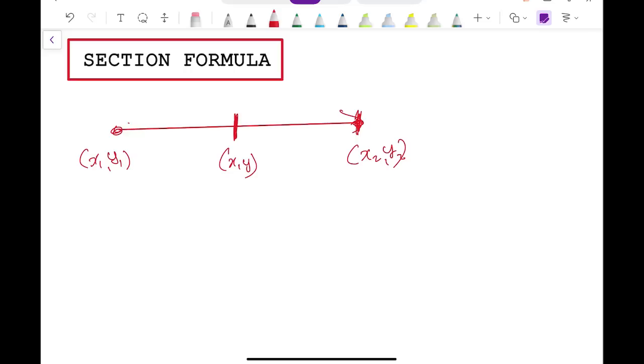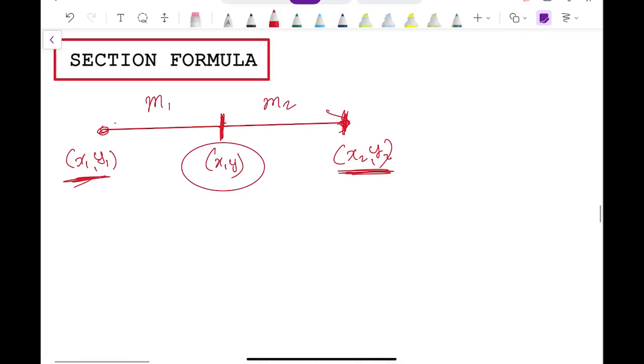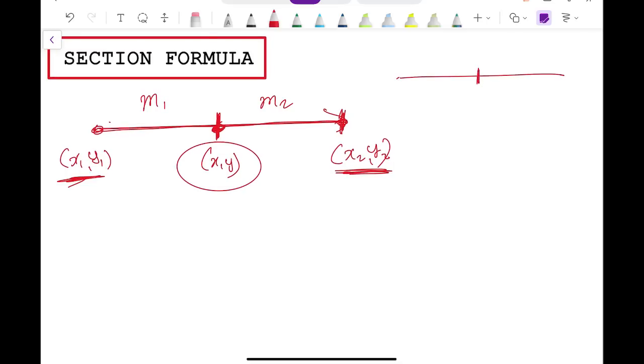In most cases, you will be given these 2 points, and m1 and m2 are given. Sometimes this point may divide this line into 2 equal parts. So let's say you have a line, and if this point is cutting this line into 2 equal parts, that means this is the midpoint.